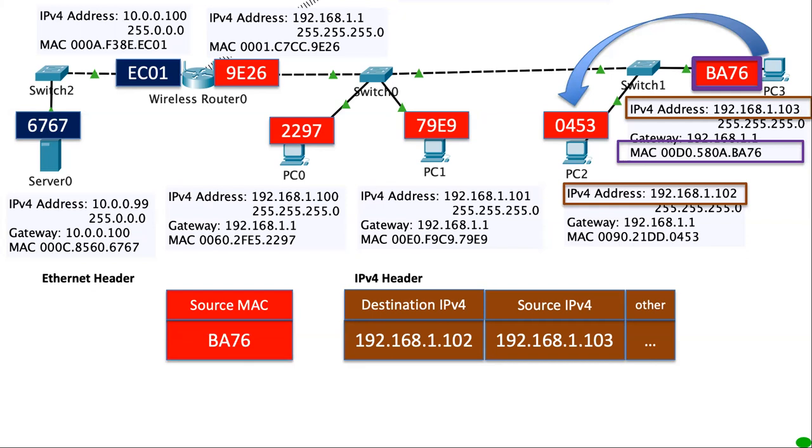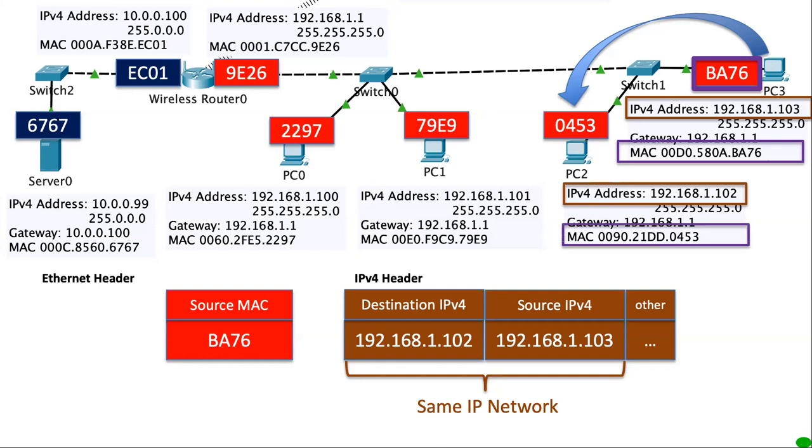Now, as far as the destination MAC address, PC3 knows that the source and destination IP addresses are on the same IP network. In other words, the destination device is in the same IP network. So in this case, it can send the Ethernet frame directly to PC2.